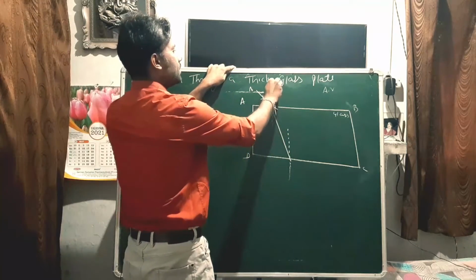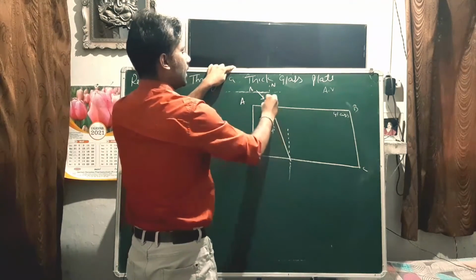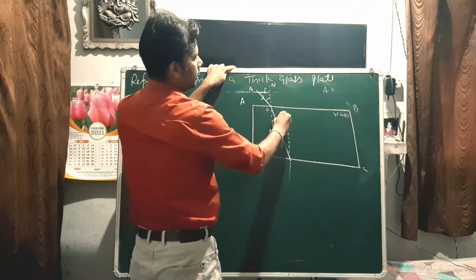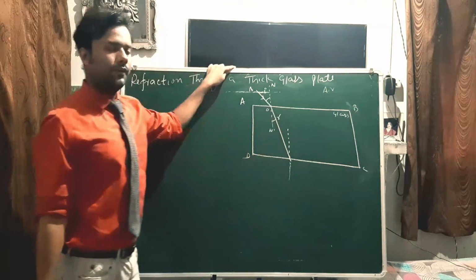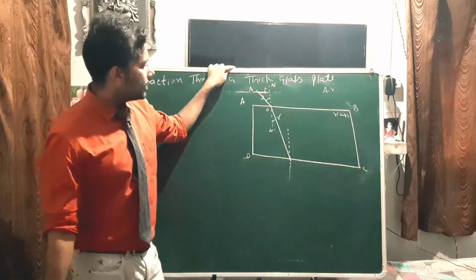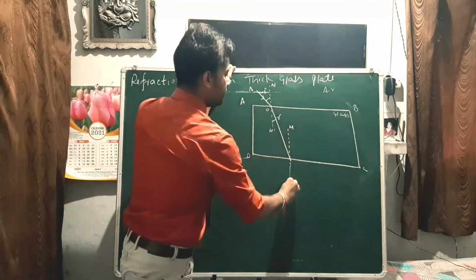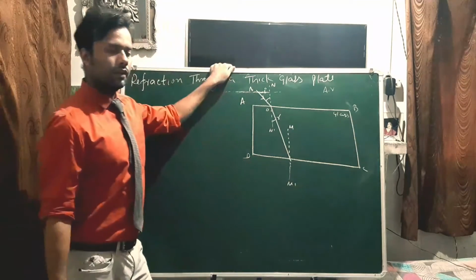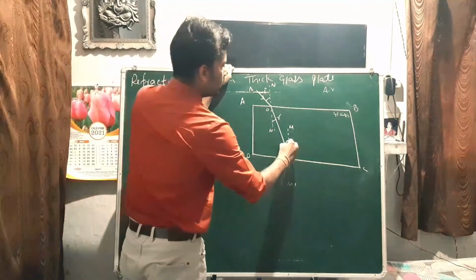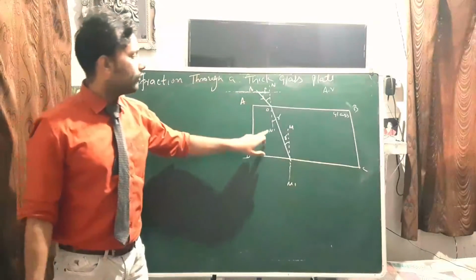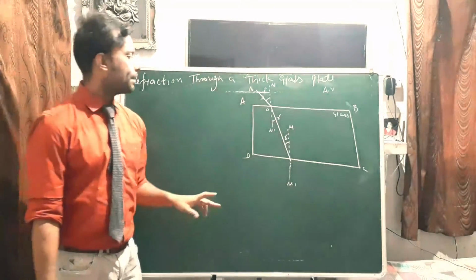Let this be N dash, the angle of incidence is here I, and the angle of refraction is here R. Now because you can see that these are two parallel lines, N dash and let's say M dash, this angle will be again R, because there is no bending of light, it is exactly straight.